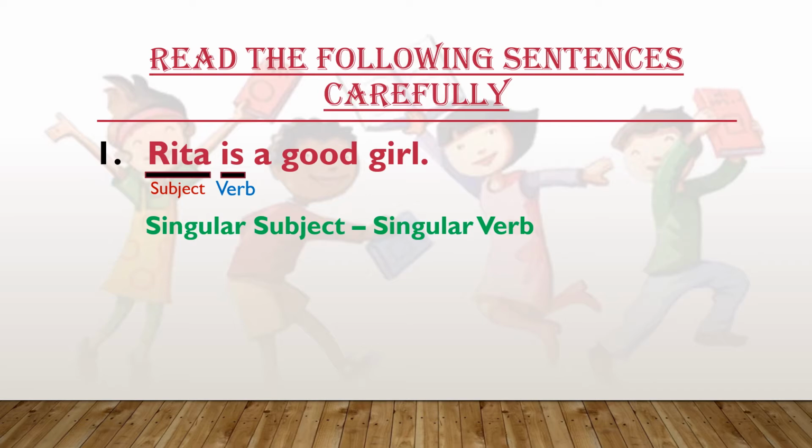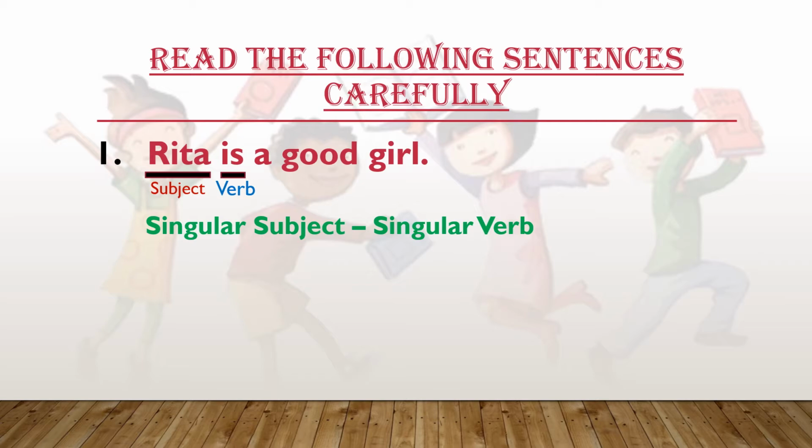Always remember, you need to be very careful about the subject-verb agreement. They are shaking hands with each other. What does that mean? That means that if your subject is singular, that is one person, if there is only one person performing the task, doing the task, or only one person we are talking about, that means our subject is singular.